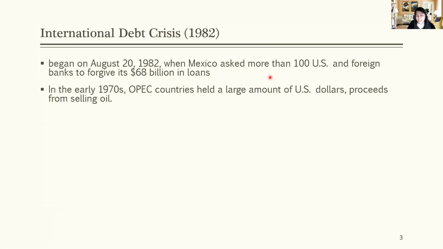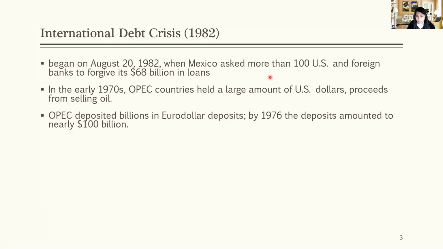So before the crisis happened, there was a long period where the oil producing countries accumulated a lot of money from selling oil, right? So because of the amount of money that they accumulated, they started to look for investment opportunities.